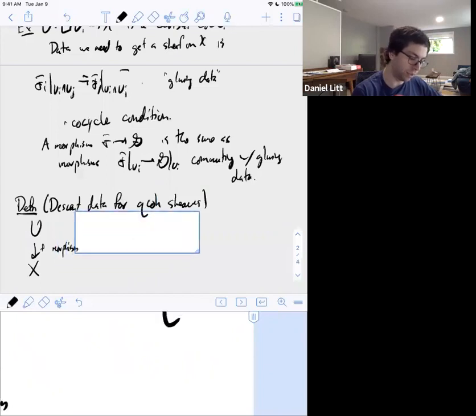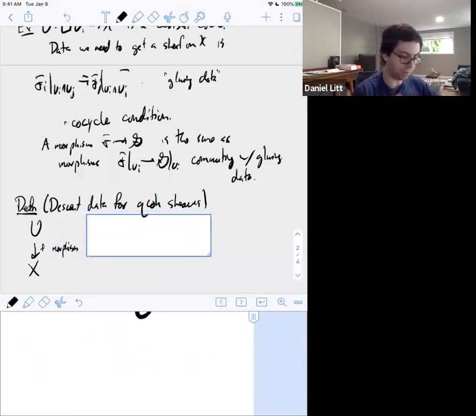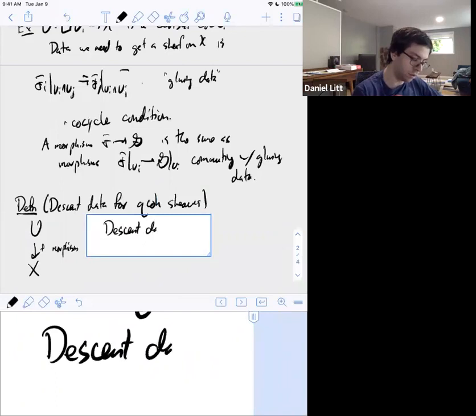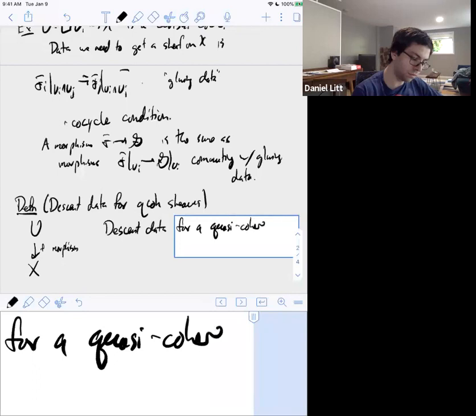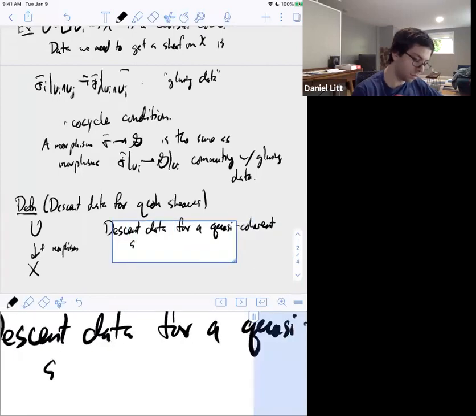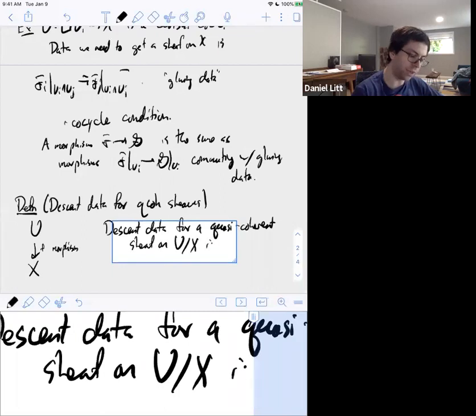So relative to this map f, descent data for a quasi-coherent sheaf on U over X is the following.